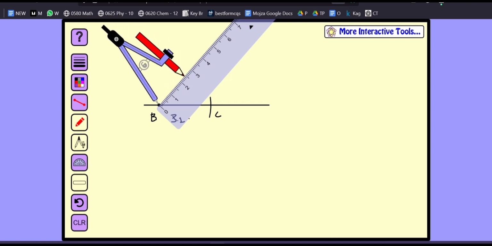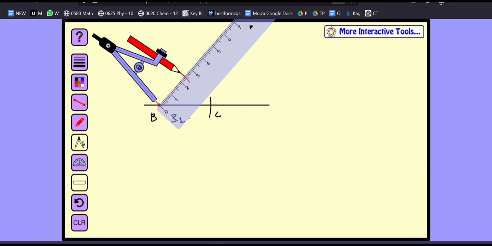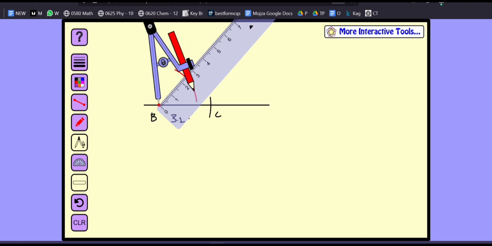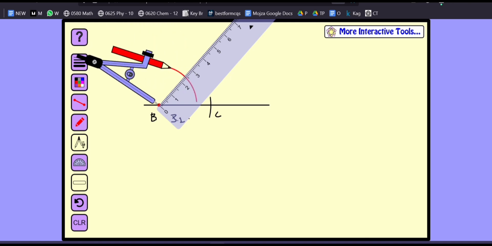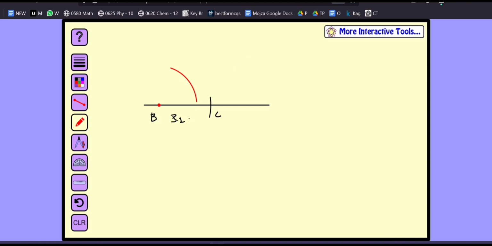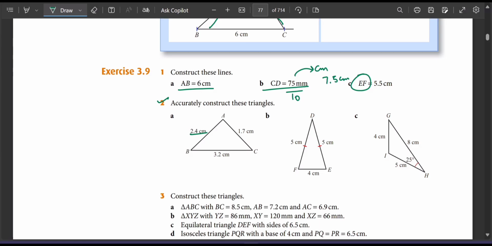So middle में 2.5 था, this is 2.4. Yeah, right. Now we are going to move it like this. Make an arc as much big as you want because it will only help you with your drawings, but you can also make a smaller one. I like to make a bigger one, it's easier to navigate. So this is the one which is supposed to be 2.4 and the next point was 1.7.